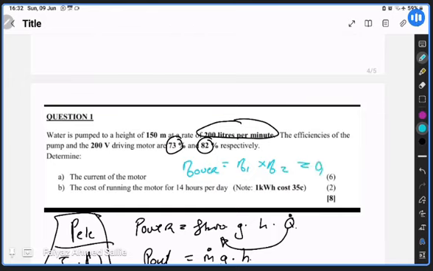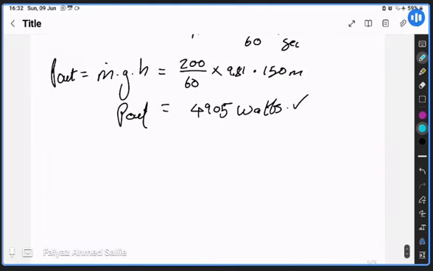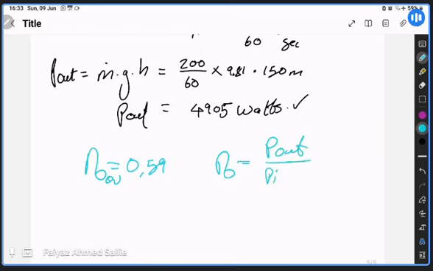So we're going to multiply 0.72 by 0.82, and we have an overall efficiency of 0.59. That is our overall efficiency, and we know that efficiency is equal to power out over power in, and power in is the electrical power.